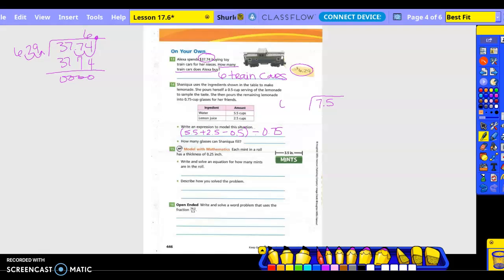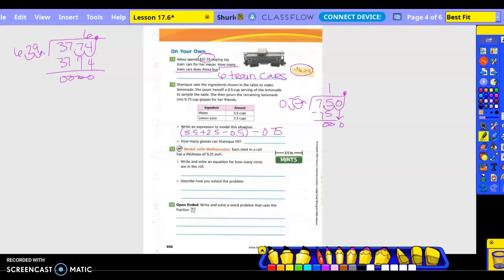Okay, divided by 7,500. Can I divide by a decimal? No. So I need to loop this over twice. What I do to the divisor, I do to the dividend. I don't have something there, so I need to put a 0 to hold my spot. 75 into 7. No, 75 into 75. 1.